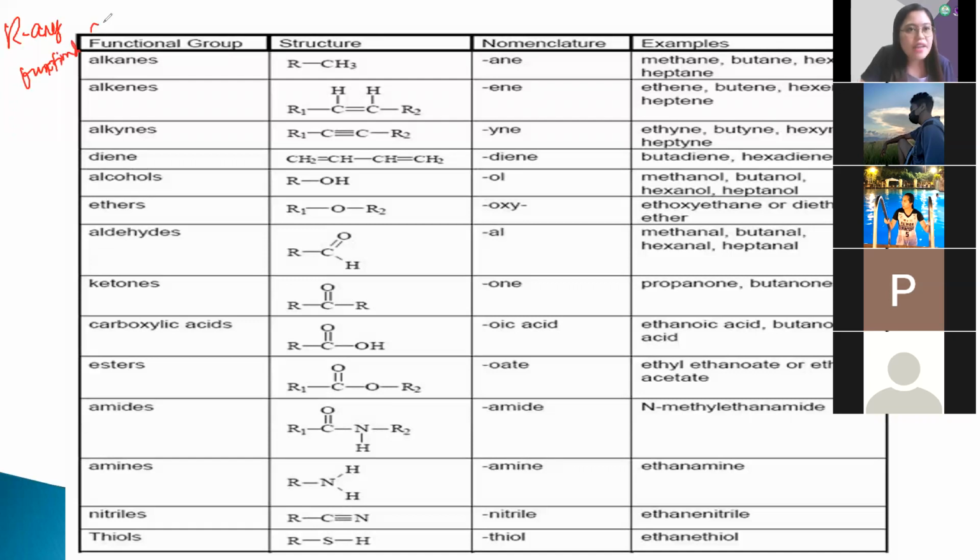So when I say any functional group, the OH can be bonded with an alkane, or it can be an alkene. It can even be a ketone, an aldehyde, or other functional groups. That's what we mean by R. But nevertheless, any functional group plus the OH will give us the alcohol.